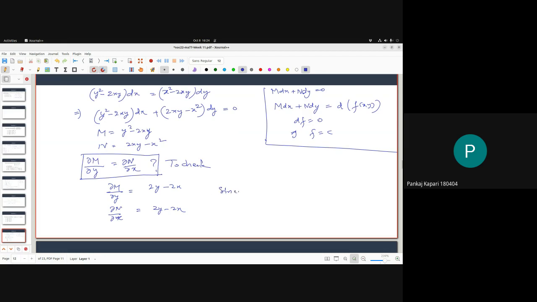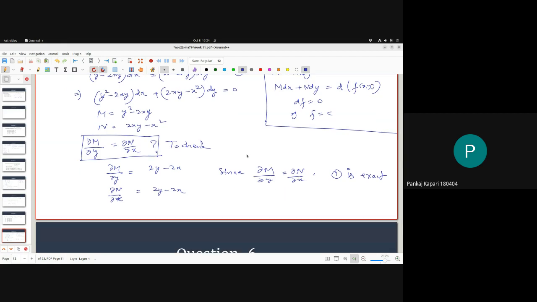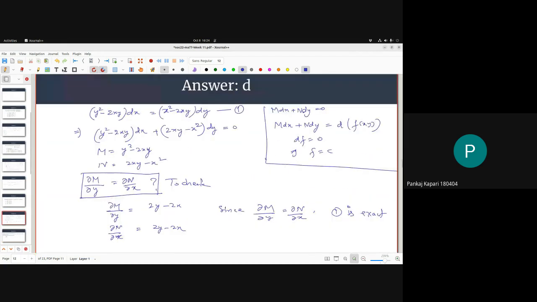So you can see that since del M over del y is same as del N over del x, the given differential equation is exact. So let's write it as differential equation 1. So 1 is exact. Okay. Now let's solve this differential equation.